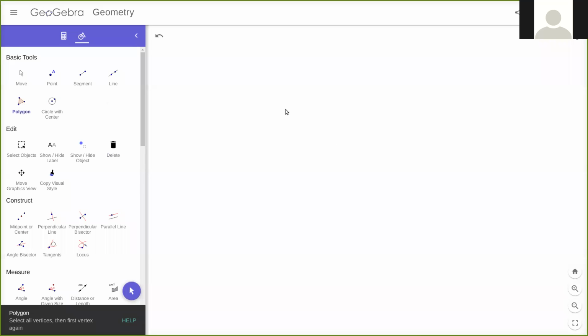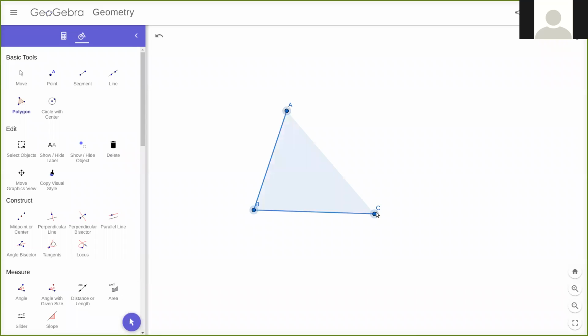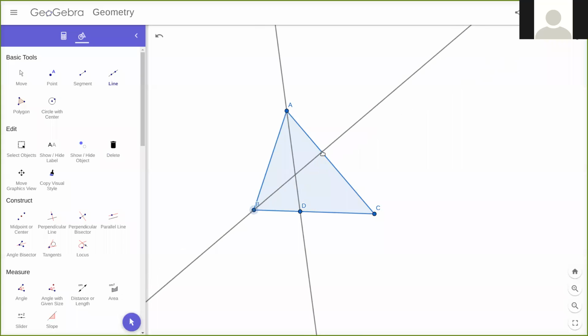Let's see, A, B, C. The original Ceva's theorem involved drawing cevians AD, BE, and, just to make it concurrent, CG.